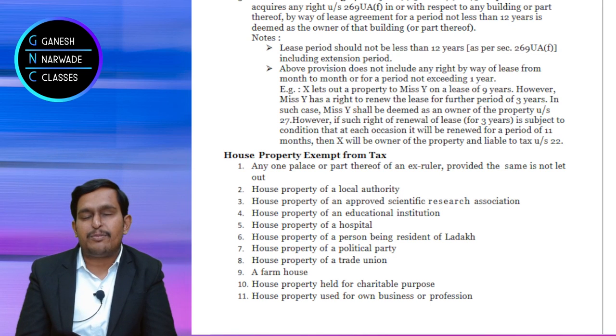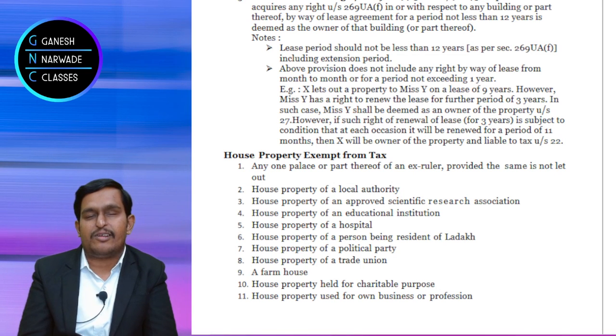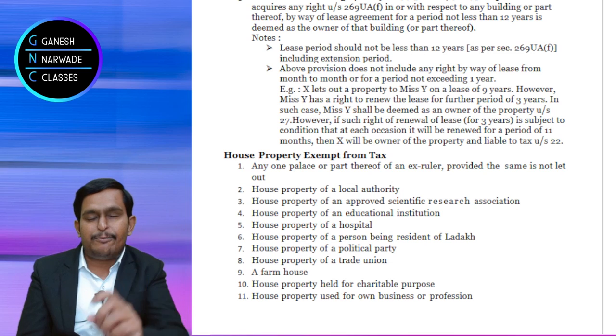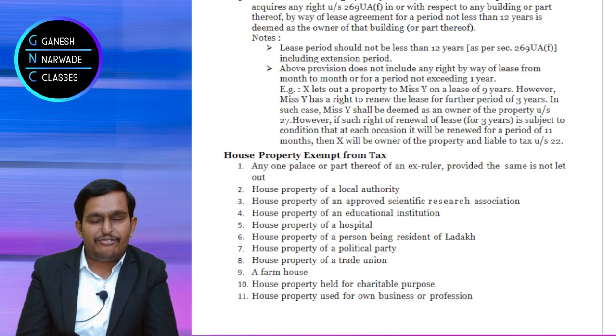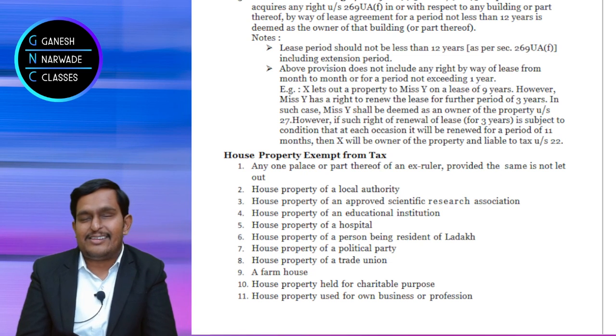So what are the exempted properties you remember? What are they? Quickly, you tell me. H for hospital, E for educational institution, L for residents of Ladakh, P for political parties, C for charitable institutions, A for local authority, R for scientific research institution, T for trade unions, then F for farmhouse, and I said finally that there is something called business and profession.